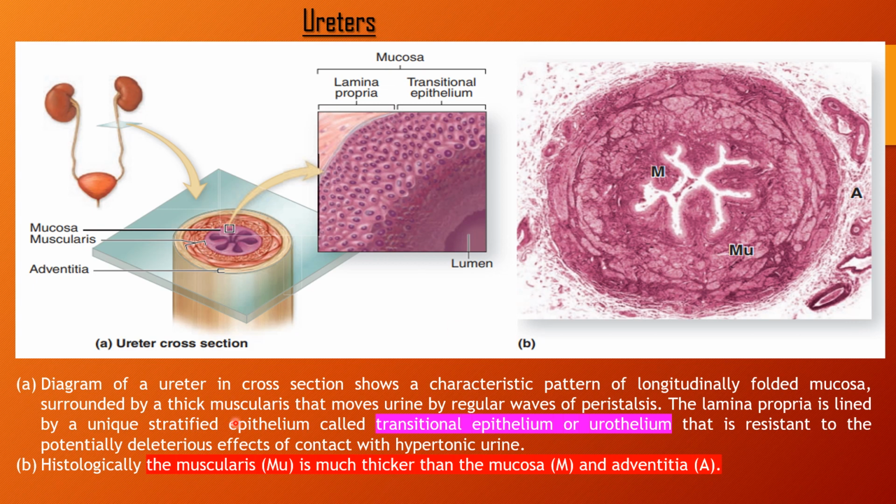Histologically, the muscularis layer is much thicker than the mucosa and the adventitia. As you can see, this is the mucosa, this is the muscularis, and this is the adventitia. The muscularis is much thicker than both the mucosa and the adventitia.